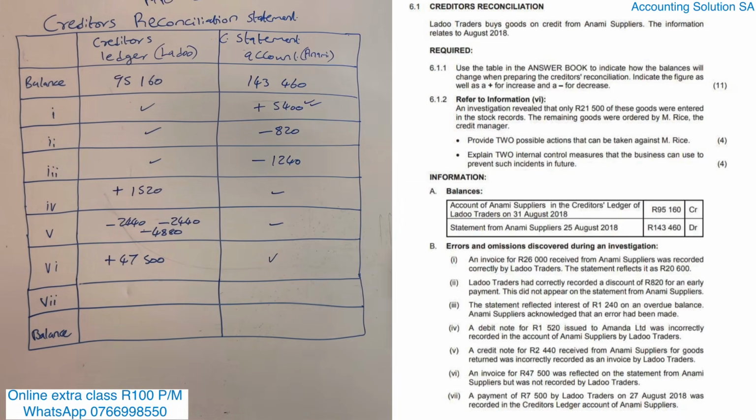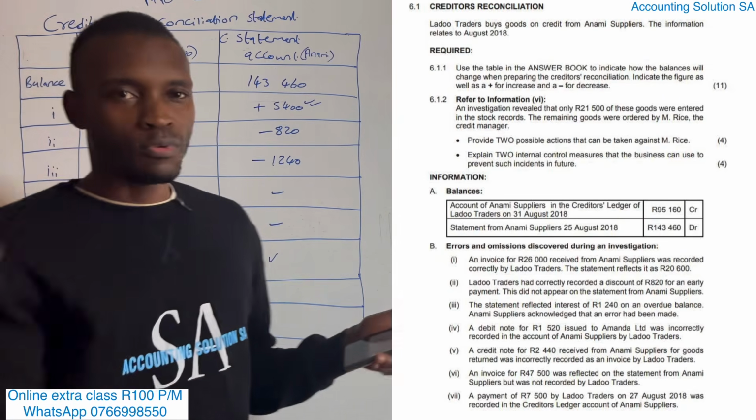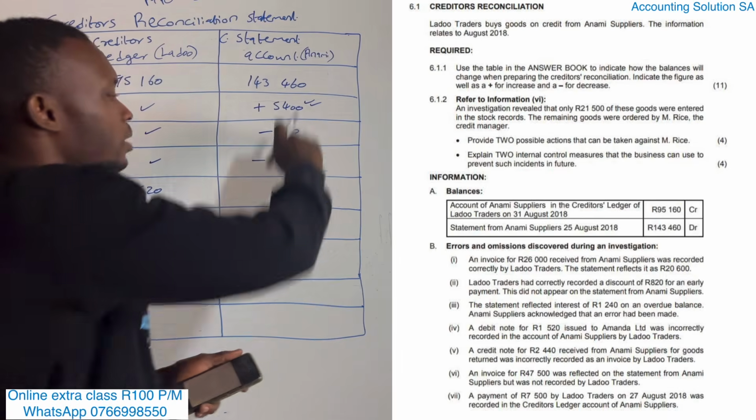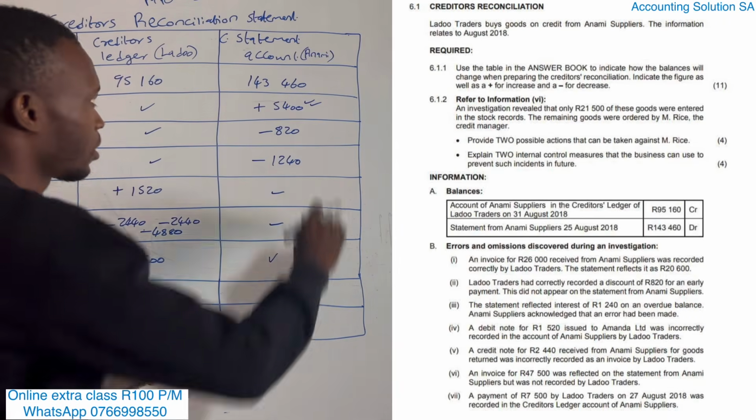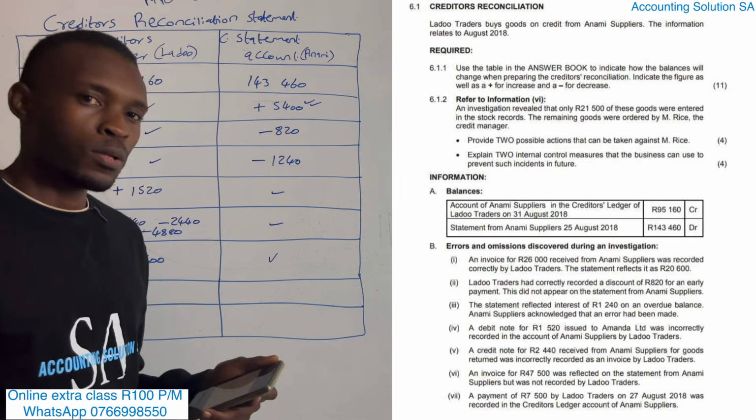We made a payment, but our supplier recorded it under creditors ledger account in their books. They were not supposed to record it in their books. They have to record it in our statement, this one, statement of Anami.